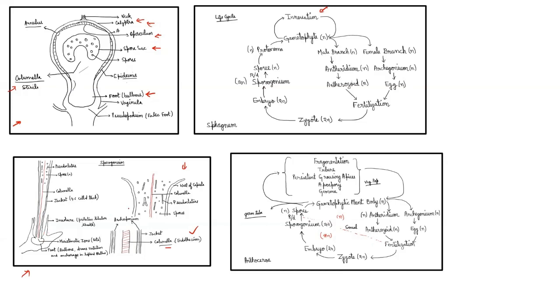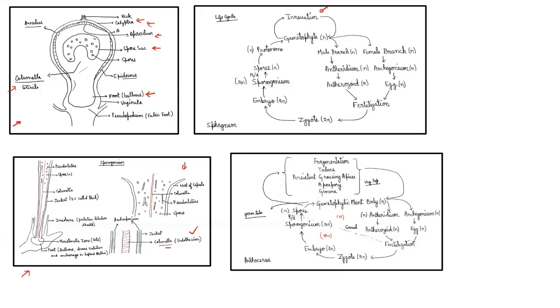Let us quickly discuss the life cycle. Fragmentation, tubers, persistent growing apices, apospory, and gemma cups are seen as vegetative reproduction in the case of Anthoceros. The gametophytic plant body, which is the haploid body, forms the antheridium and archegonium, which are the sex organs, and they form gametes, and then gametes fuse to form zygote. This zygote is the first cell of the sporophytic generation.